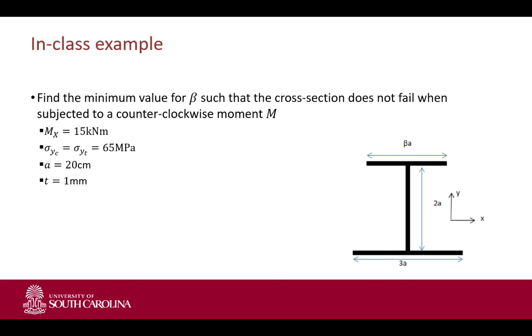You are given a value for a thickness t. And now you have to determine the value from the top flange when it doesn't fail. There are a couple of things you have to be careful with.